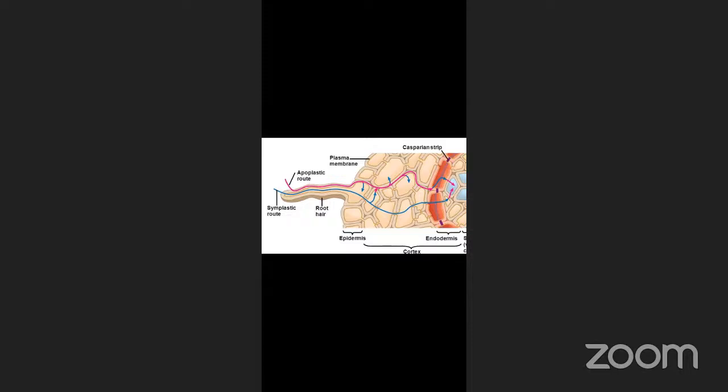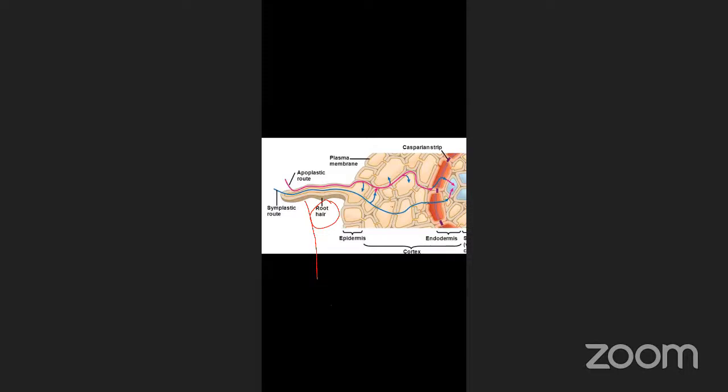Let's take a pen. This is a rootlet. The root first, the pink line goes through the epidermis, cell wall, and after the epidermis, the cortex cells. So this goes up to reach only the Casparian.